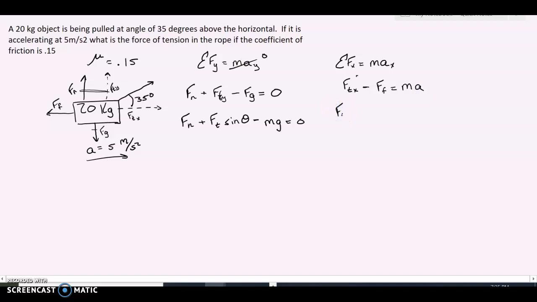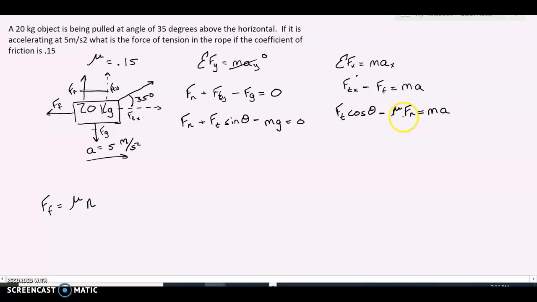Our force tension in the x is just force tension times the cosine of theta minus our force of friction. Our force of friction, as we all know, equals mu times the normal force. So we'll put mu times force normal equals mass times acceleration.